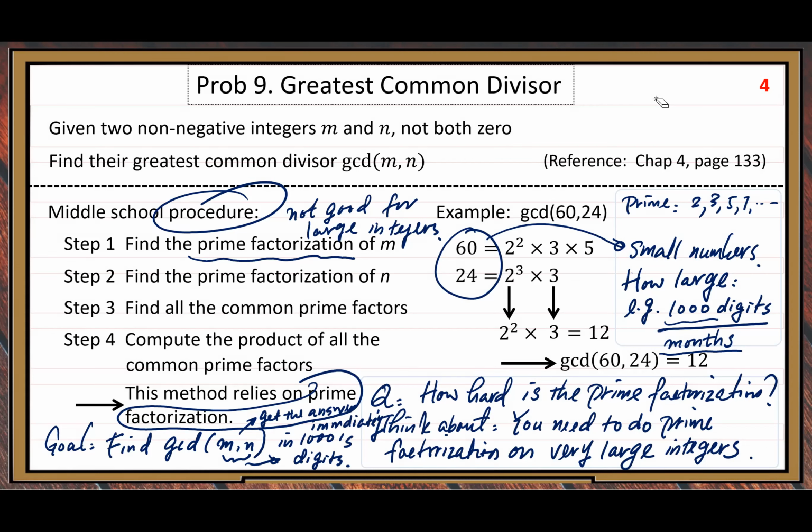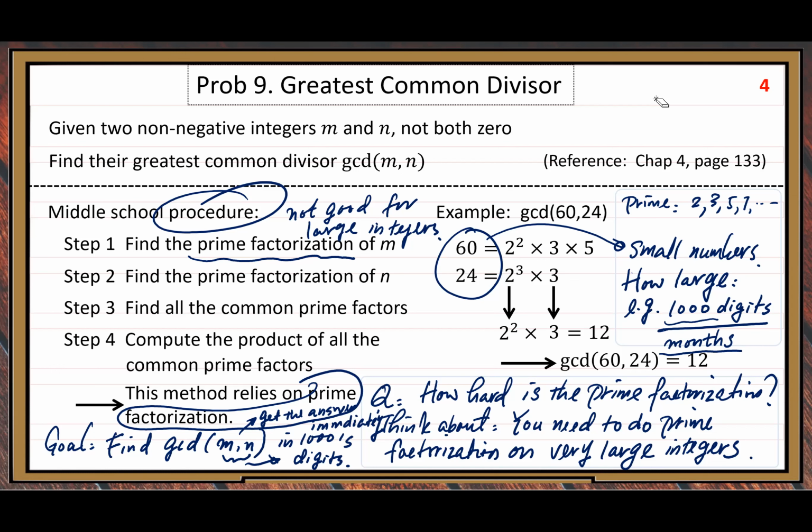Last time, we solved computing problem number 9, greatest common divisor. We recalled the middle school procedure using prime factorization. Although it is simple from the procedure point of view, it relies on prime factorization.